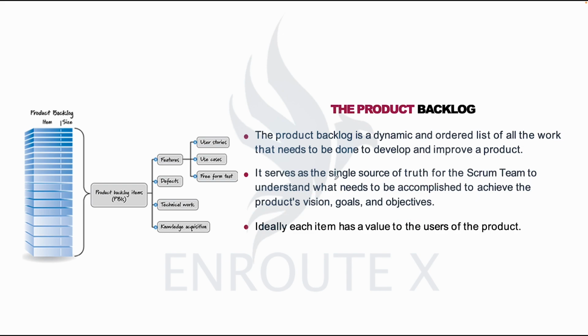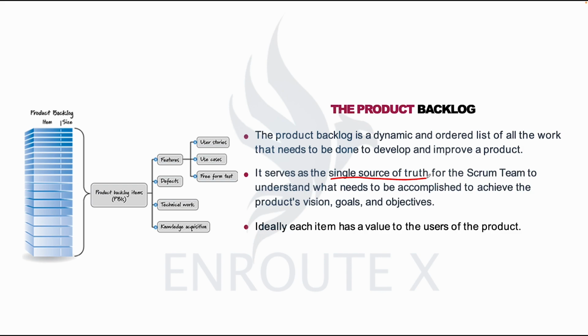Right? When we say it serves as the single source of truth, what that means is that whoever is looking at the product backlog, be it the stakeholders, the members of the development team, or members of the Scrum team, at a quick glance, they understand clearly what they need to do.